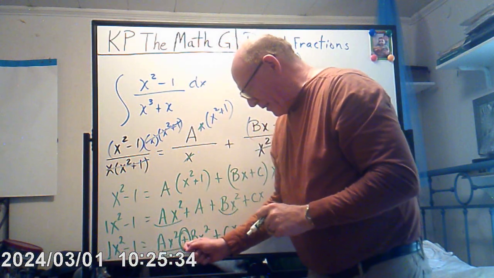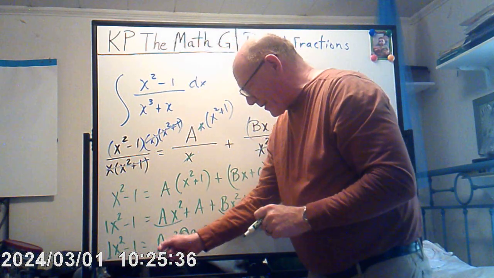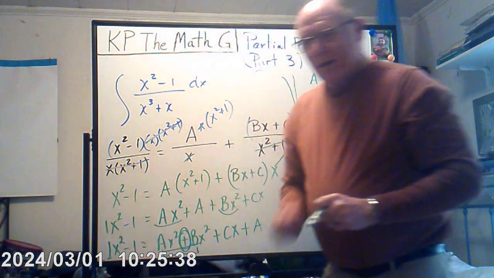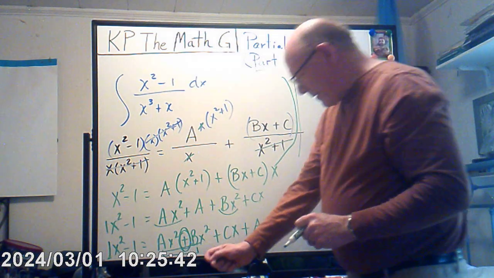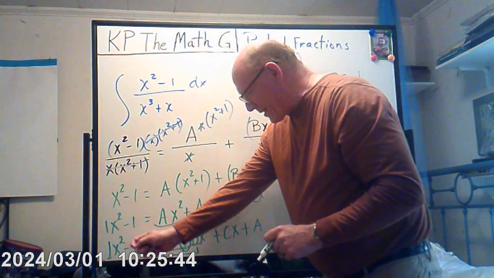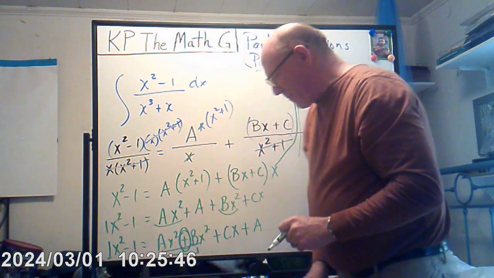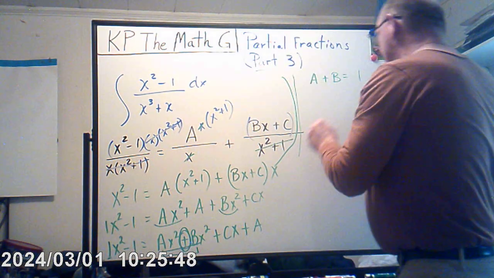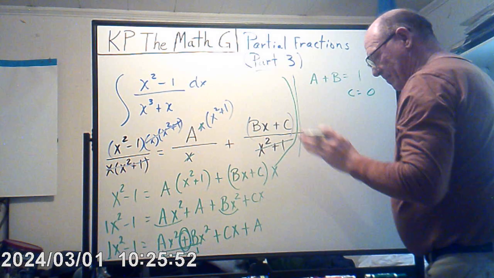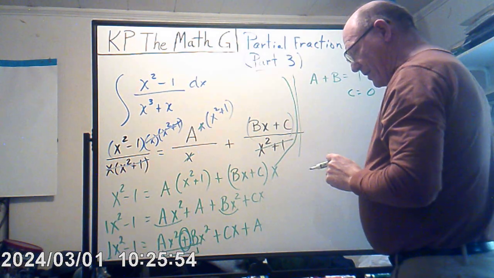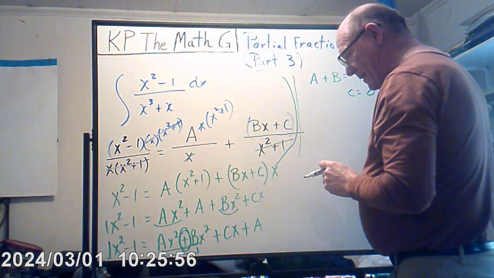So A plus B, just the coefficients, equals 1. Now C, that's an x. Is there just an x here, just an x to the 1 power? No, there's not. So C is equal to 0.